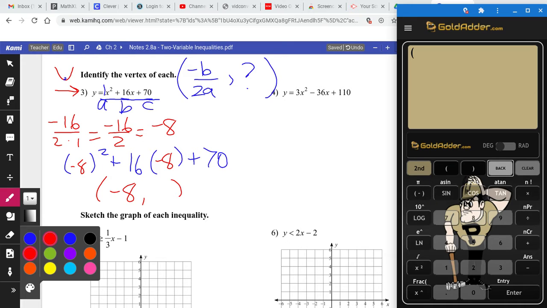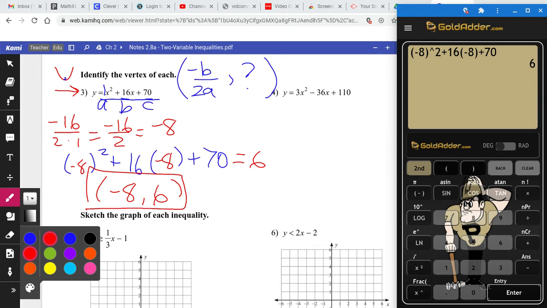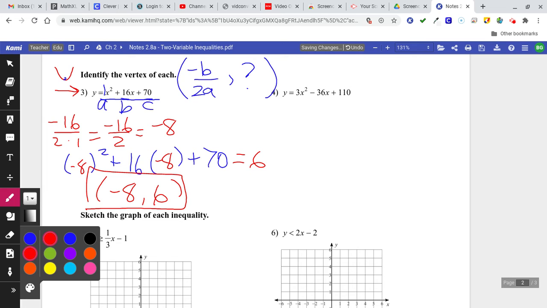Let the calculator do all the heavy lifting. You got negative 8 squared, use the parentheses, plus 16 times negative 8 plus 70. Equals 6. So that goes here. That's your vertex. That's that low point on your parabola.